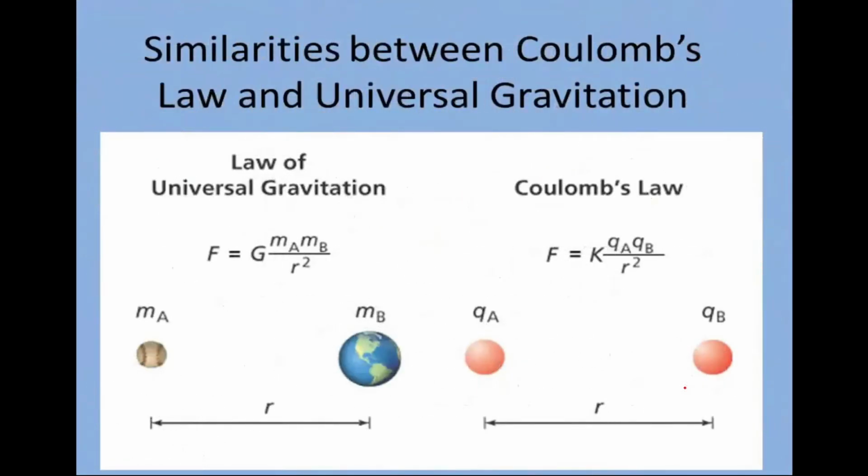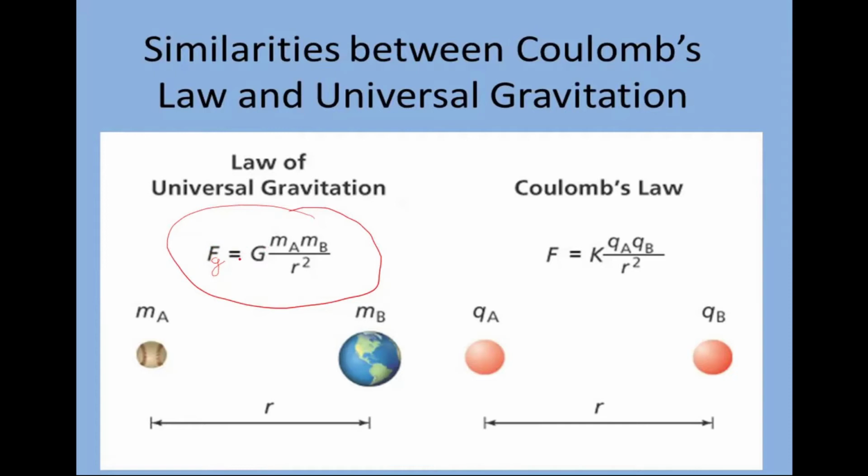Here are the similarities between Coulomb's law and the universal gravitation. They have similar forms, or the way the formulas are constructed is somewhat similar. For the law of universal gravitation, we have F, most of the time referred to as Fg, meaning gravitational force.